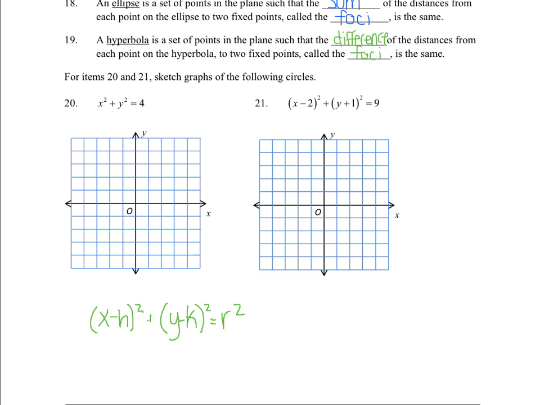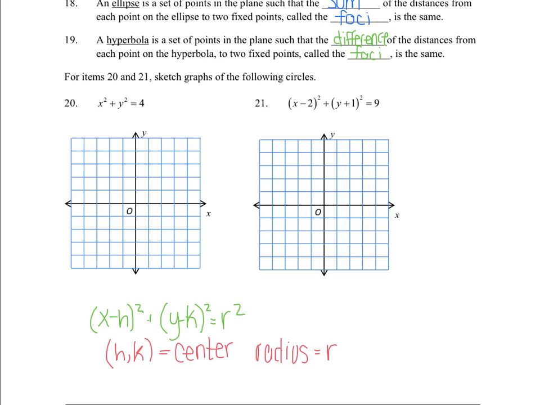H and k is the center, and because these are in parentheses, they're actually the opposite, because x minus is the standard form. So x minus negative 3 will look like x plus 3. So we just look at it as the opposite. And then you just have to remember that the radius is r, but in this equation, it's r squared.